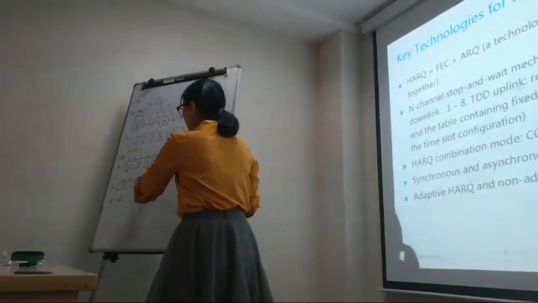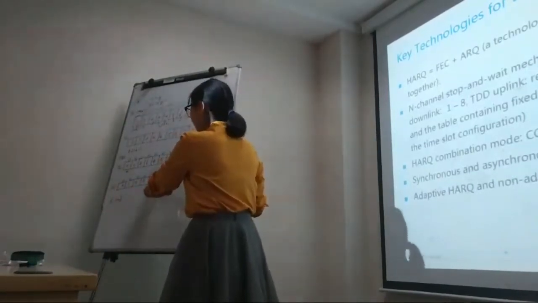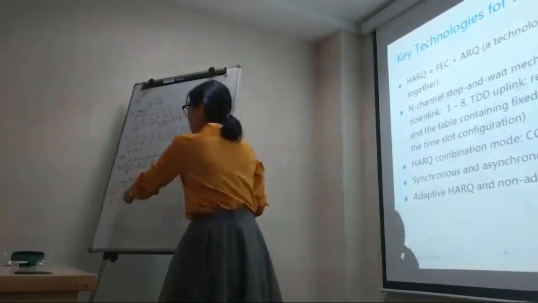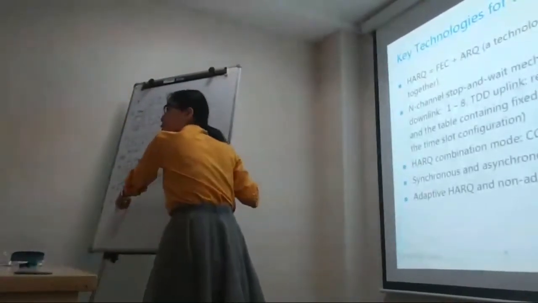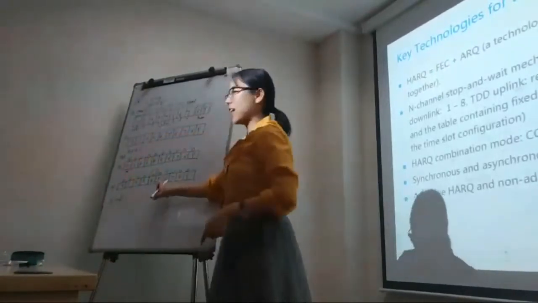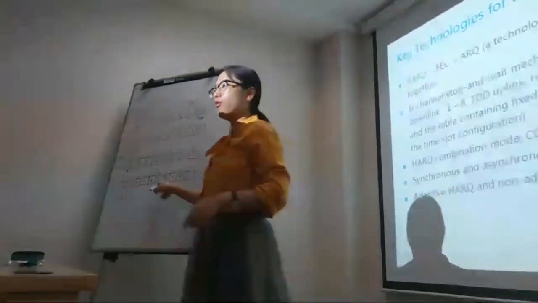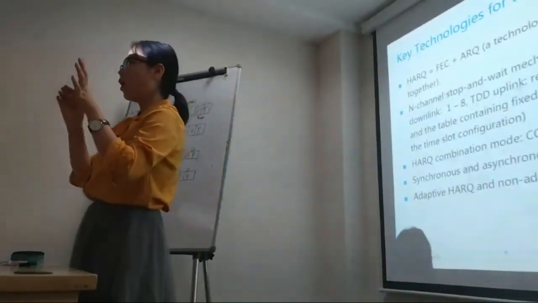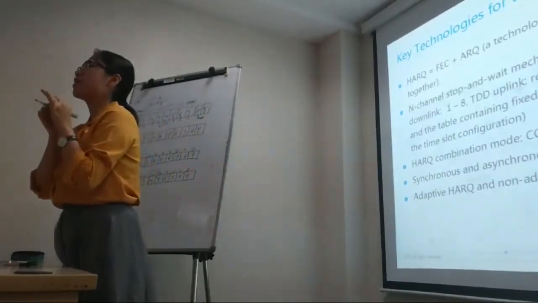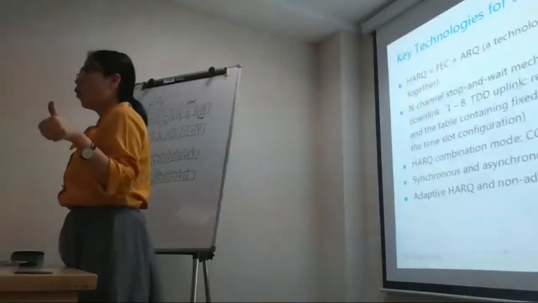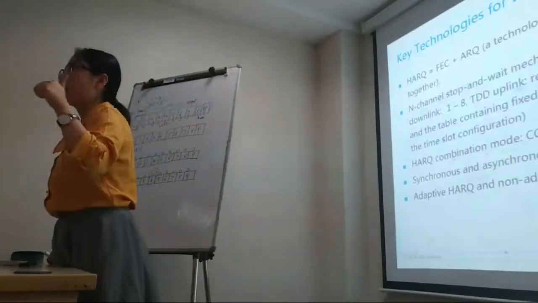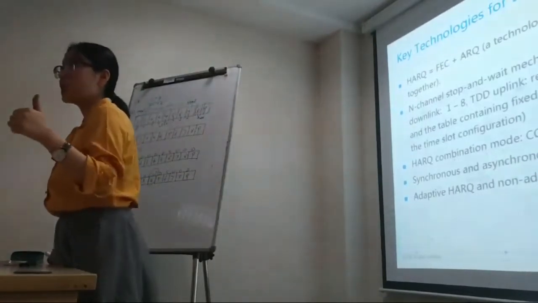So for this delay, I cannot use 4, but I need to find the nearest uplink. It should be greater than 3 and the nearest one, so it should be 7. 6 is special. In the special subframe, we have the downlink PTS, uplink PTS, and the guard period. For the downlink, we can transmit the PDSCH, we can transmit the data, we can transmit the PDCCH.